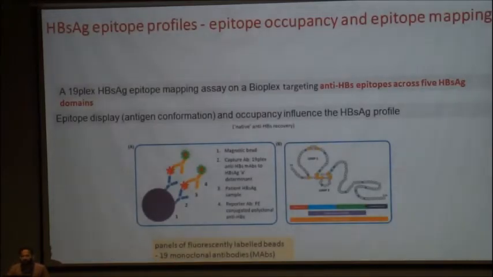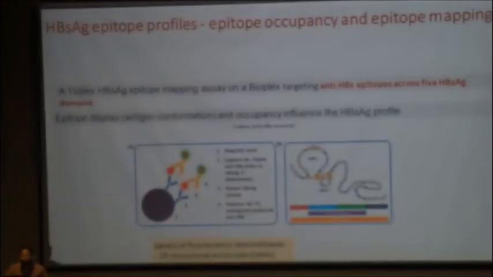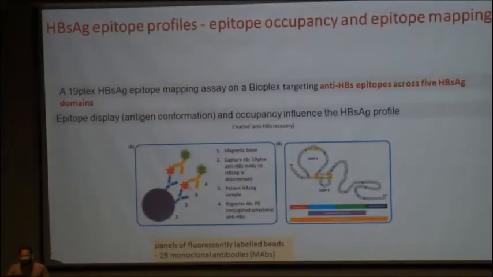So what are these epitope profiles? Epitope occupancy, epitope mapping. Recently, Roche has come up with a multiplex, 19-plex epitope mapping assay targeting these anti-HBs epitopes across 5 major HBsAg domains. The epitope assay displays the antigen conformation and the occupancy influence on the HBsAg profile.